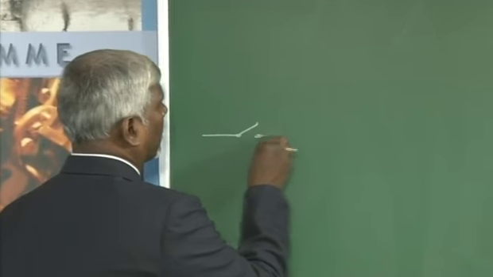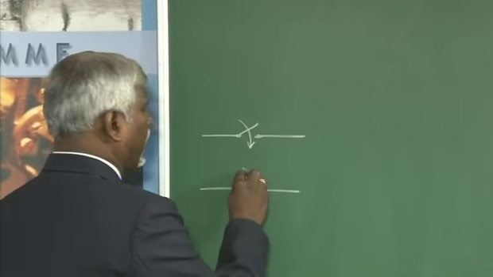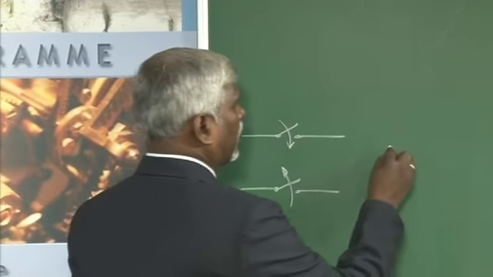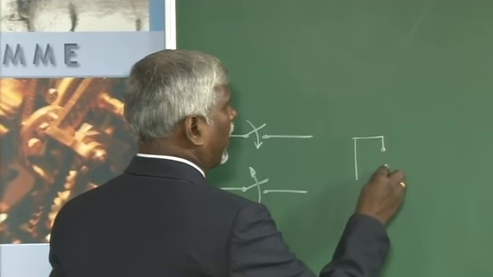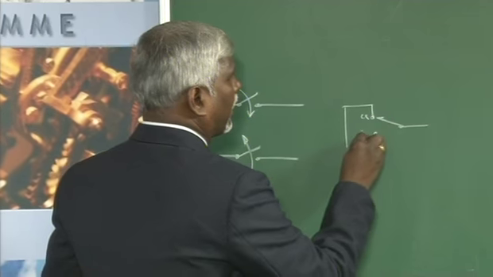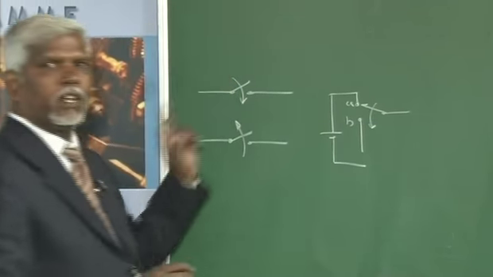In all the cases, what we have taken is that a switch is either closed, or opened, or the switch across A and B is initially at A and it is thrown to B. So, we have taken any of this.